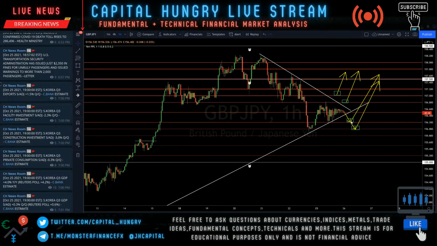Either we have pullback buys to 156.2 or the 156 double bottom at the retest of previous daily highs, or a breakout above the bear structure showing a lot more buyer order flow above 156.8 or 157.